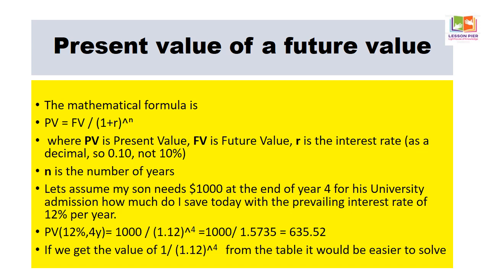How much do I save today with the prevailing interest rate of 12% per year annually? Same formula, we have the result. Now we can get this value of 1 by 1.12 present value from a table also, and it will be easier to solve. That is given in the next page in the same manner.